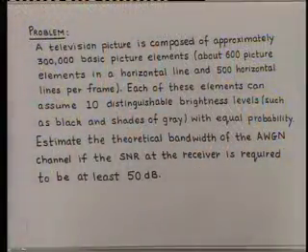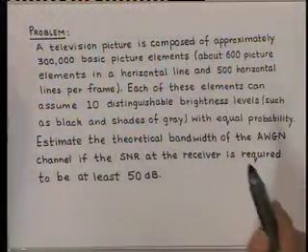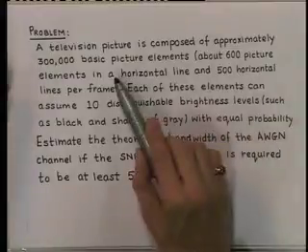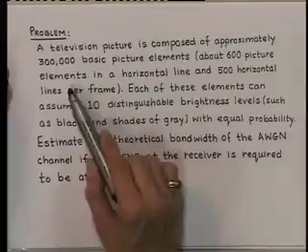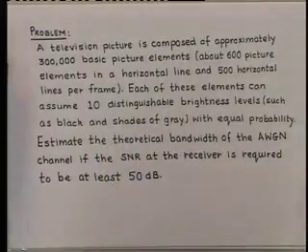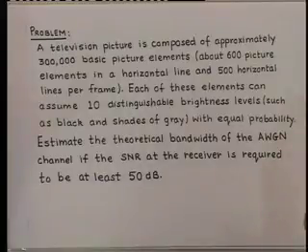Let us assume that we are given a television picture which is composed of approximately 300,000 basic picture elements, that is about 600 picture elements in a horizontal line and 500 horizontal lines per frame. Each of these elements in a television picture can assume 10 distinguishable brightness levels such as black and shades of gray with equal probability.